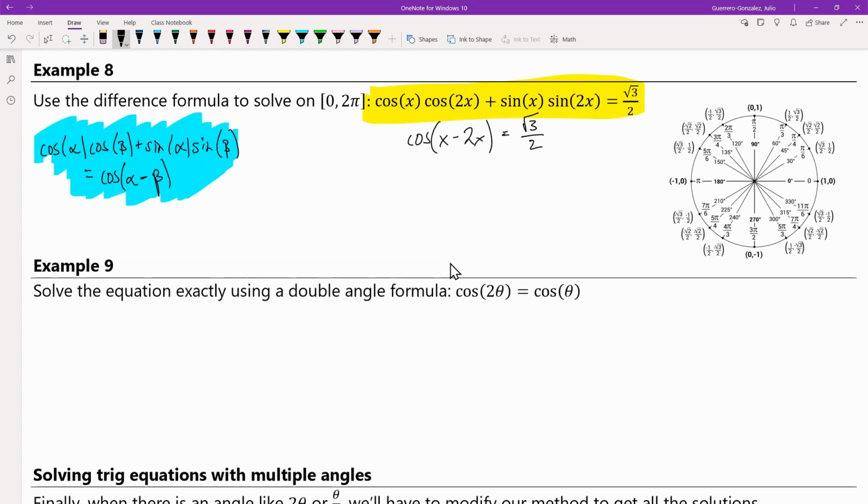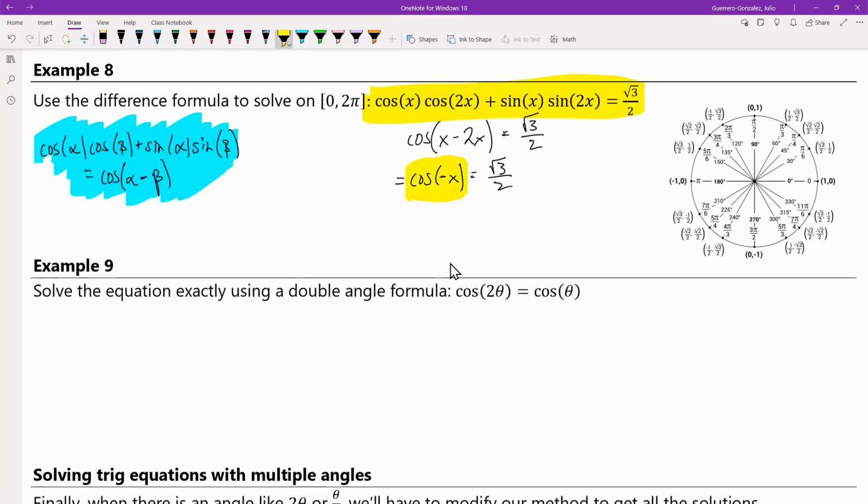You see how simple that was now? So then this tells me cosine of minus x is equal to root 3 over 2. Okay, now one more thing. You guys see this?